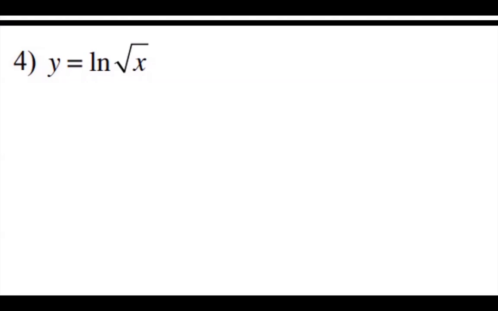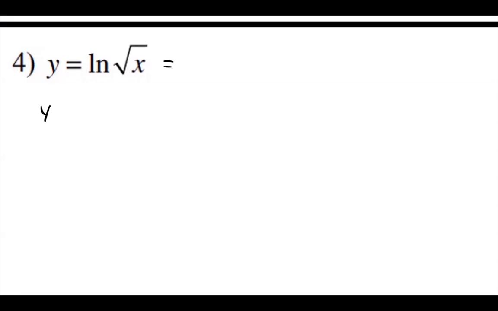Okay, so this is natural log. This right here is the same thing as natural log of x to the 1/2. The only thing to the 1/2 is the x. So you're not going to do chain rule here. Okay, you're not going to do chain rule because it's not the whole thing. If the whole thing was to the 1/2, then you would do chain rule, but that's not the issue. The only thing that has a square root is x.